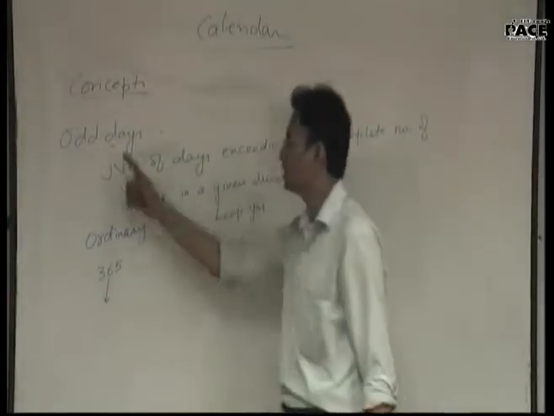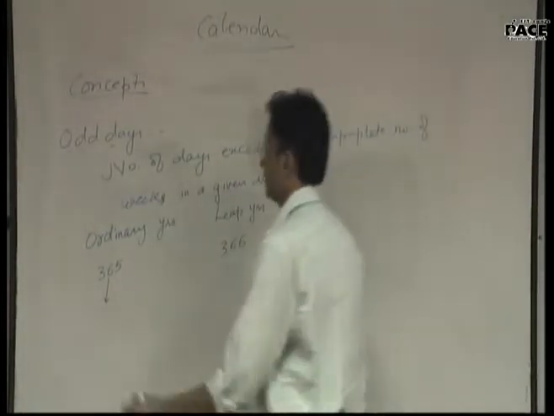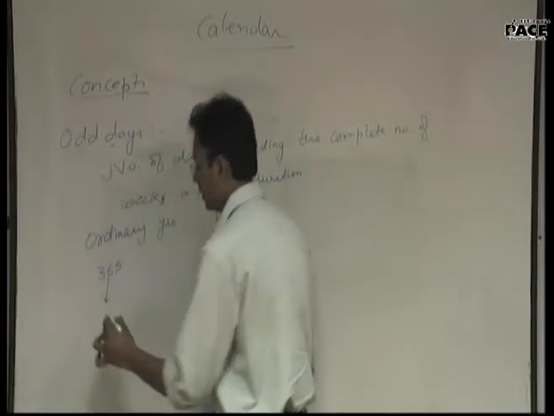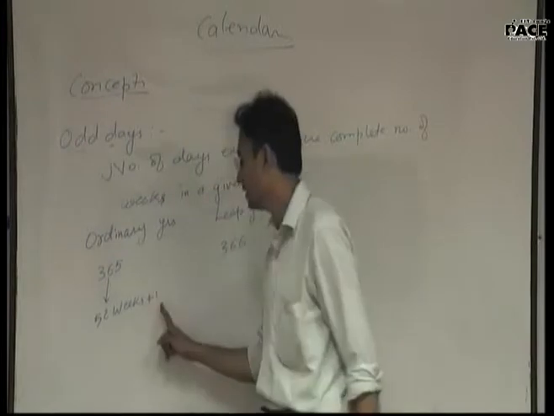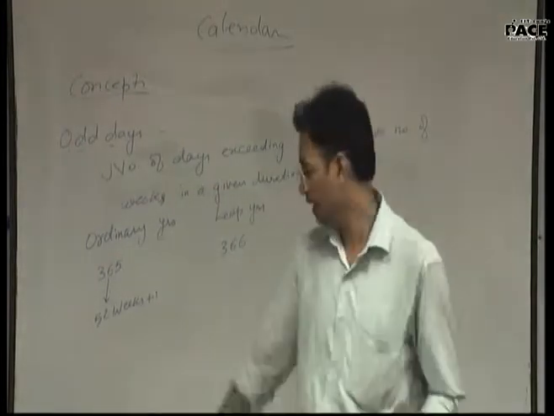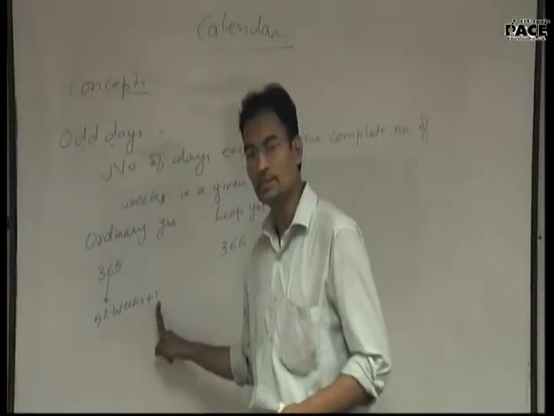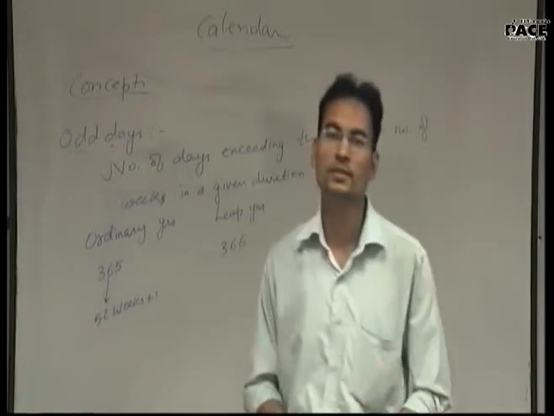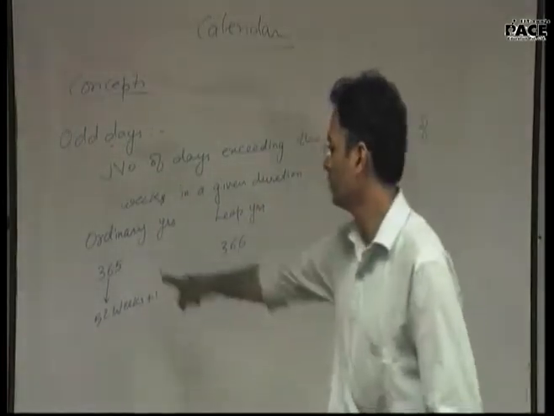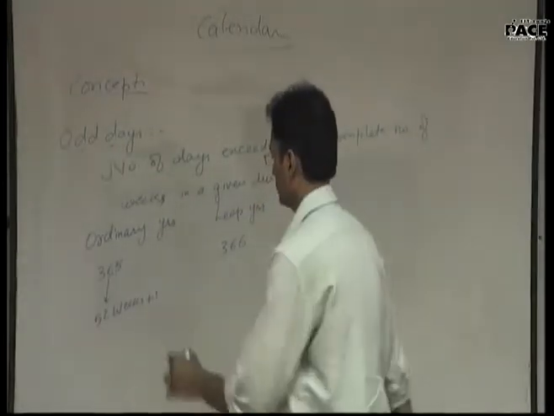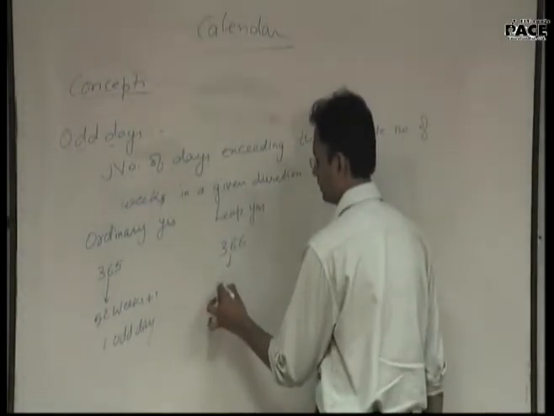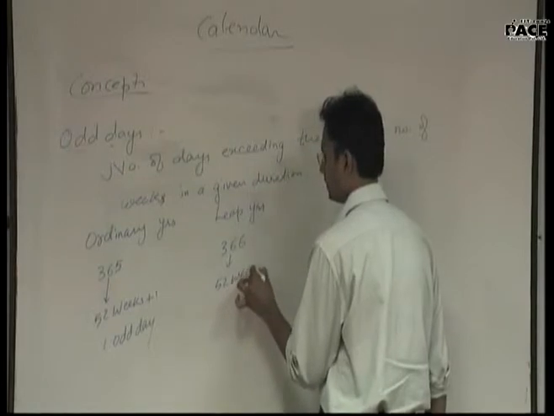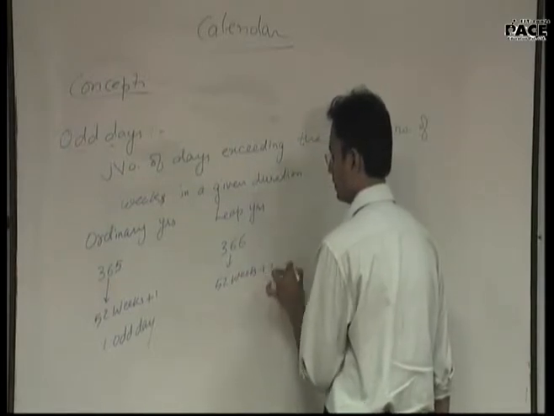Further, applying this definition of odd days, the complete number of weeks are counted, and then this day is exceeding. The number of days exceeding the complete number of weeks in the given duration are called the odd days. So one odd day. Here we have two odd days.